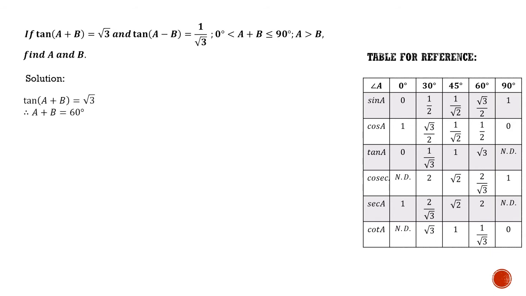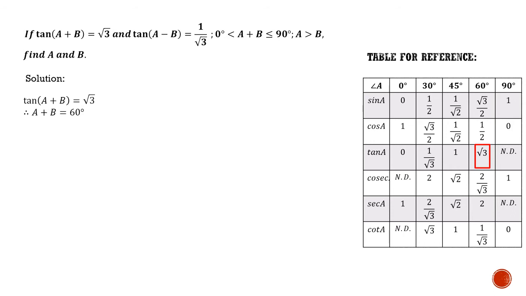First of all, tan(a + b) is given equal to root 3, which should ring a bell in your mind, that tan is root 3 only when the angle is equal to 60 degrees. That is visible in the table here, right? When your angle is equal to 60 degrees, the tan ratio gives you root 3.